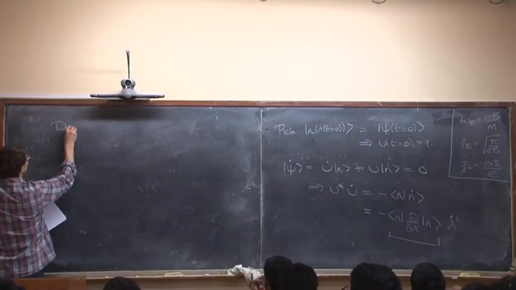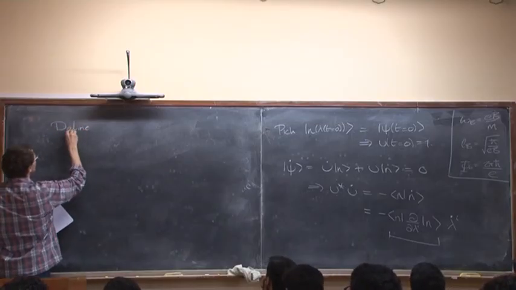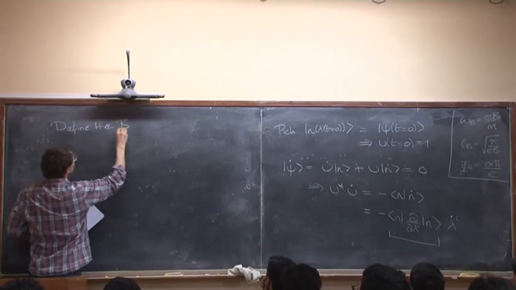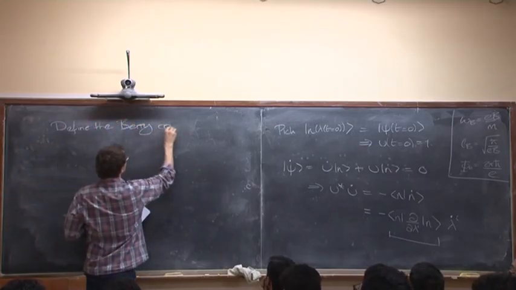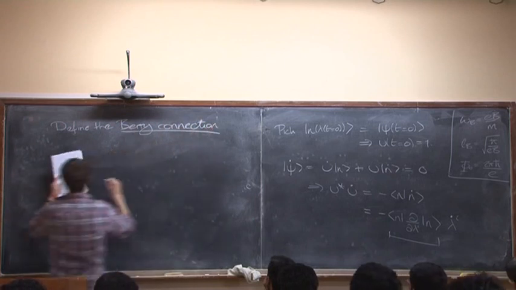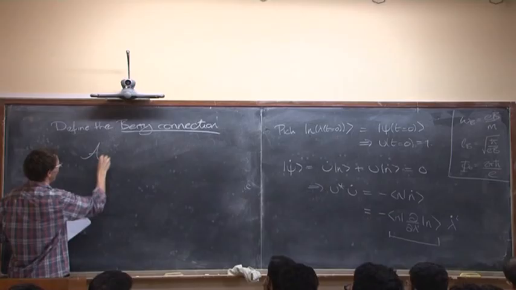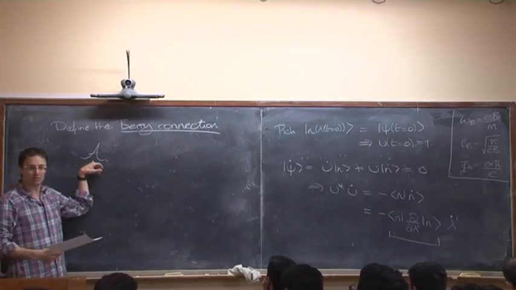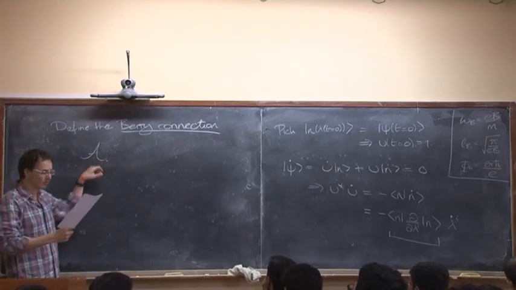Okay, so we're going to define the Berry connection, which I'm going to call with a curly A, because capital A is always going to be for electromagnetism.